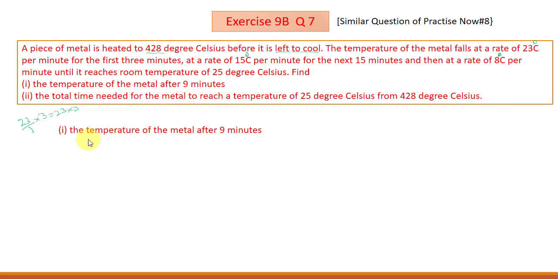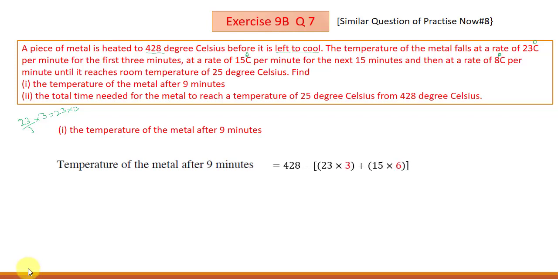So first of all we have to calculate the temperature after 9 minutes for this metal. Now we have discussed that the temperature of the metal falls at a rate of 23 per minute for the first 3 minutes.